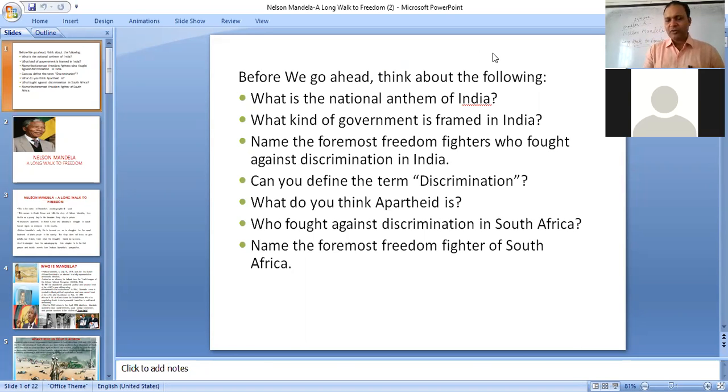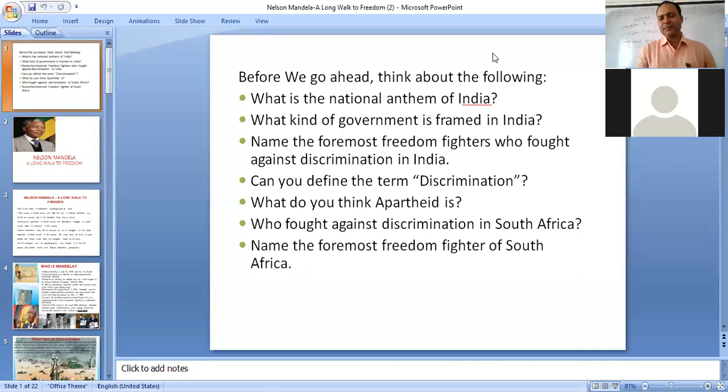Through this we understand the discrimination between poor and rich, between black and white, between higher class society and lower class society. Discrimination means that we must know about the difference between poor and rich, black and white in our society. We should know about it.